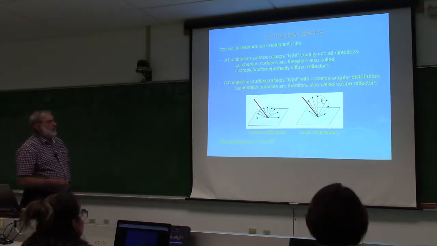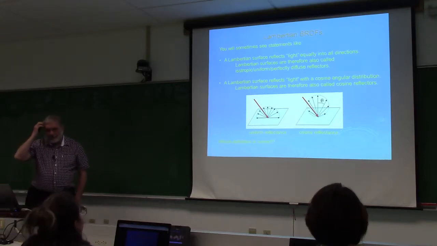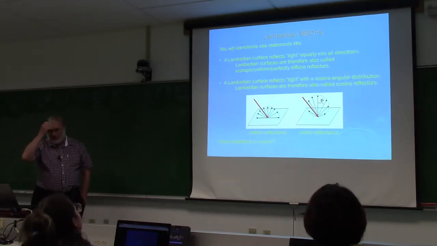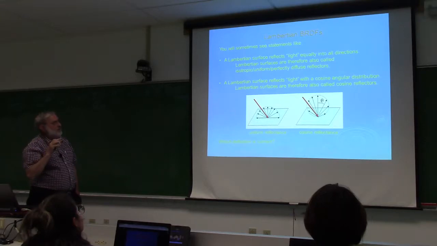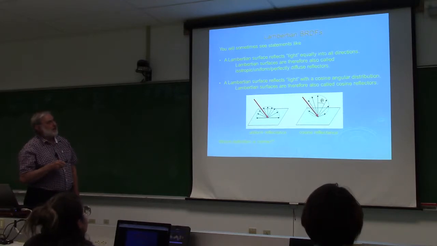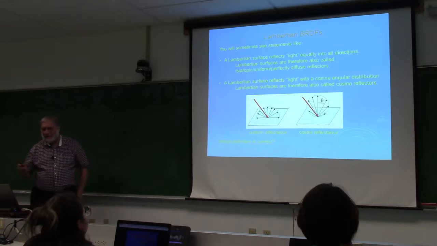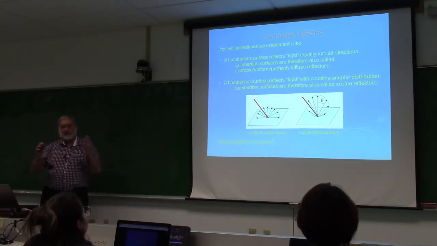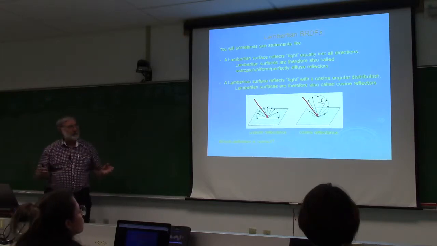Okay, so this business of Lambertian BRDFs. You'll see statements where people say something like, a Lambertian surface reflects light equally into all directions. Lambertian surfaces are therefore also called isotropic or uniform or perfectly diffuse reflectors.